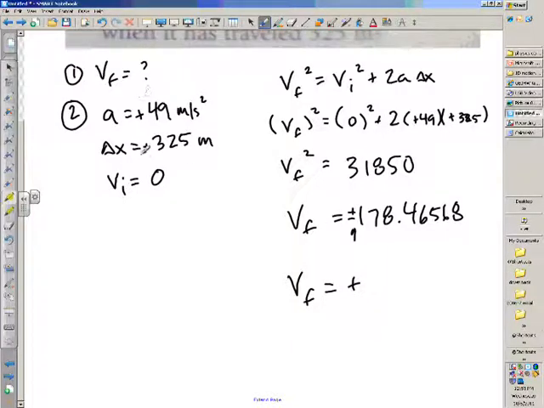Then, if we start looking at sig digs, 2 sig digs in the acceleration, 3 sig digs in the displacement, and while I wrote down that vi is equal to 0, it's really exactly 0, so it has infinite significance. So I need to round my answer to 2 significant digits. So there's my answer. Hope this worked for you.